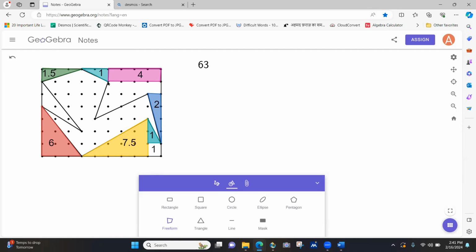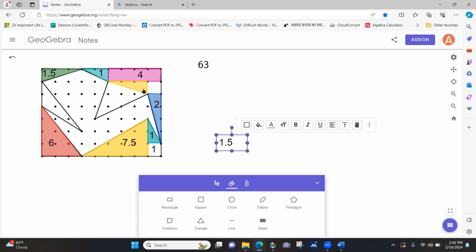This right triangle here, this yellow right triangle is 3 times 1, which is 3 divided by 2 is 1.5, just like this green.